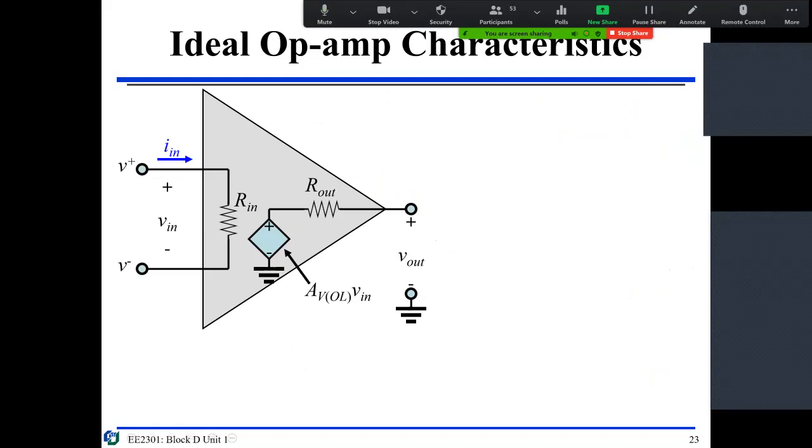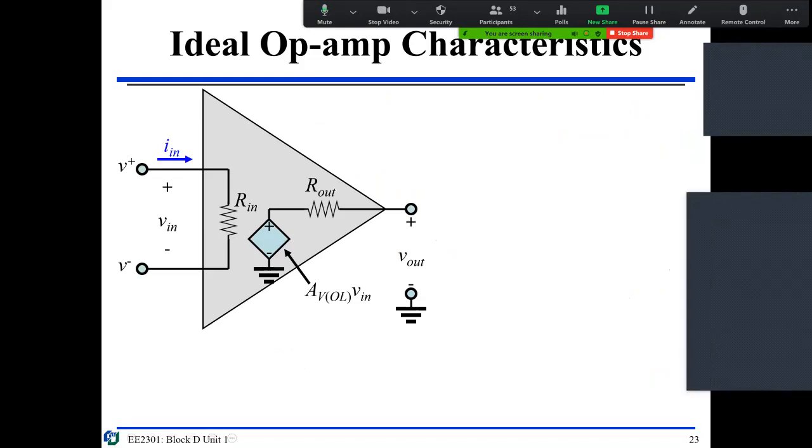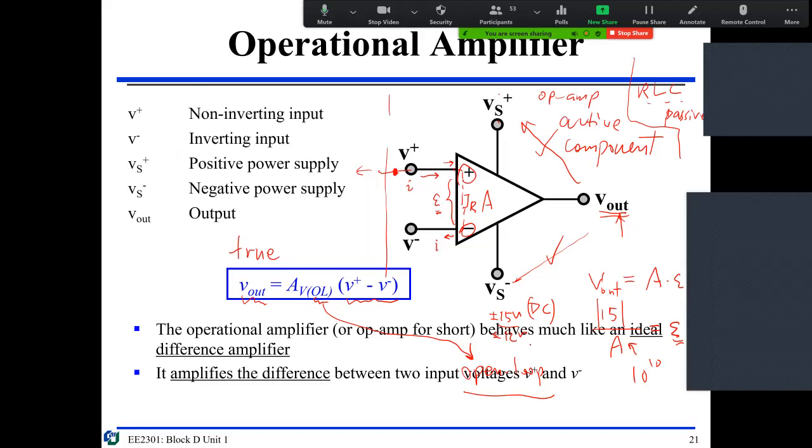Saturate means you hit the maximum value, 15. You cannot get something bigger than the power supply here. You have the power supply here, that's your floor and ceiling. You cannot go beyond that. This is non-physical, okay?